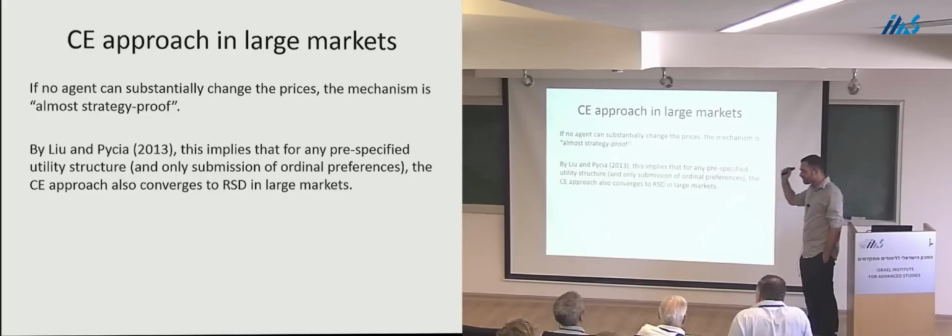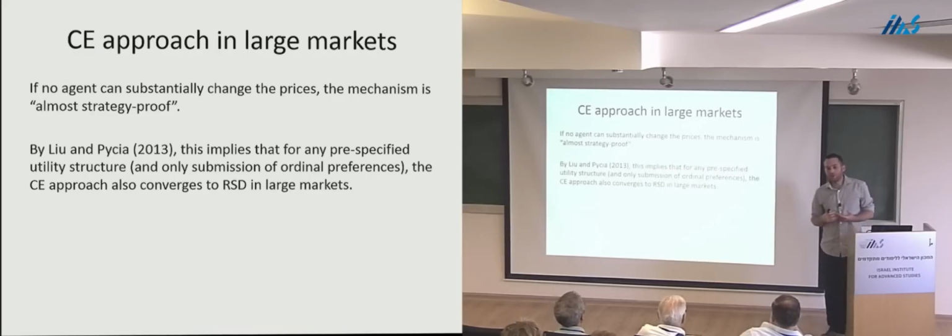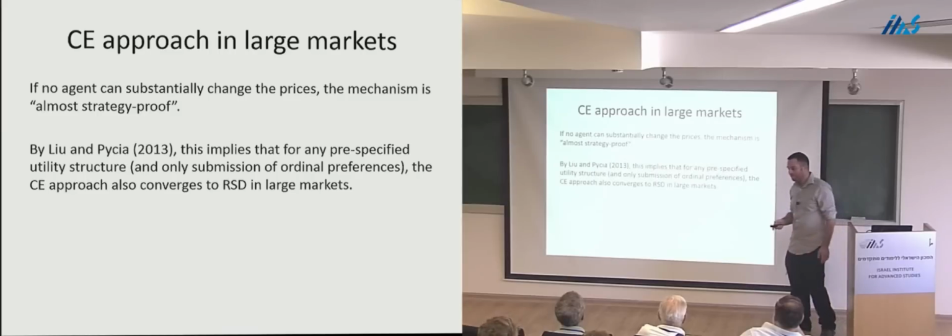But again, suppose you don't ask people for their cardinal preferences, you ask them for their ordinal preferences and you just plug them into some kind of utility structure that you already have in mind. So you again have the result by Liu and Pycia that says if you are submitting ordinal preferences and you are approximately strategy proof and you are approximately efficient and you are symmetric, then you're going to get a distribution which is very similar to the random serial dictatorship, okay?